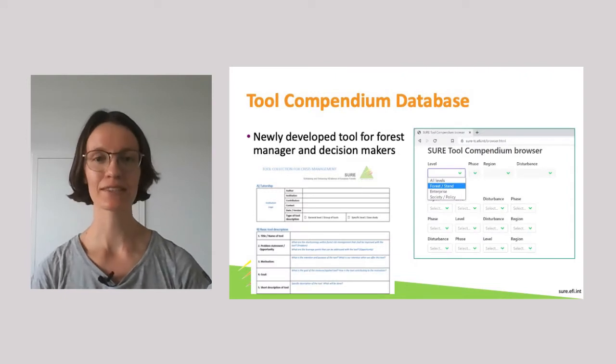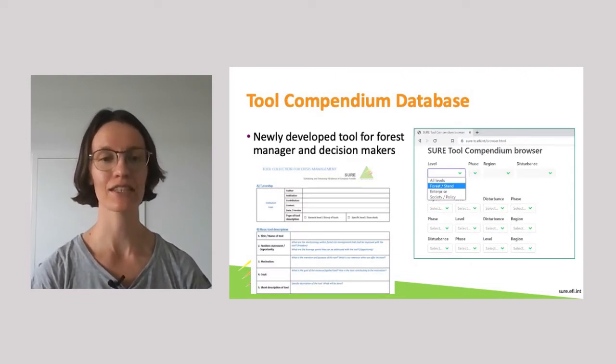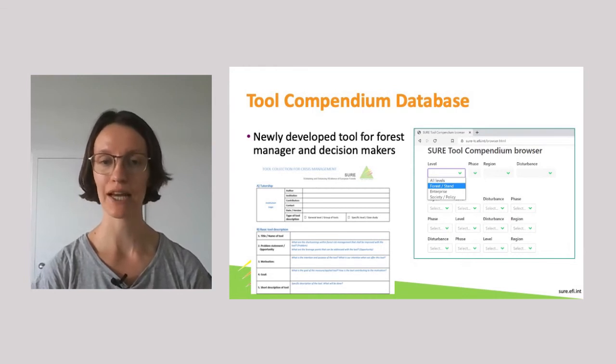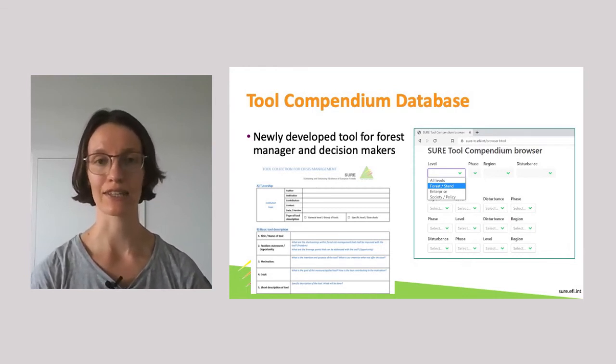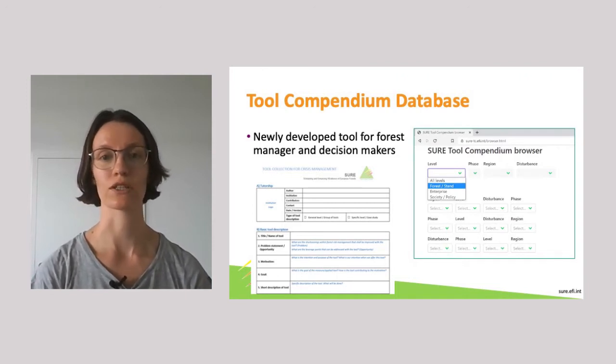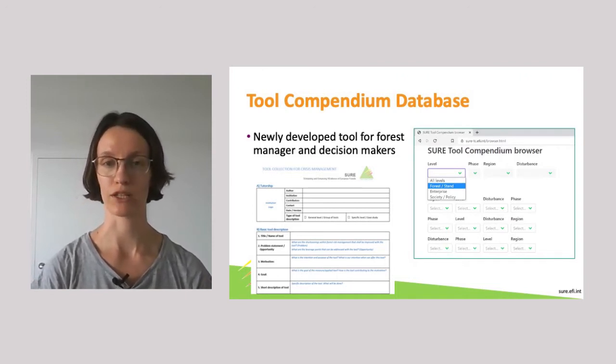So how did we do this? Here on the left side, you can see what the empty tool template looks like. There are several categories where different information can be recorded. And then on the right side, you can see how the search function in the tool Compendium actually works.